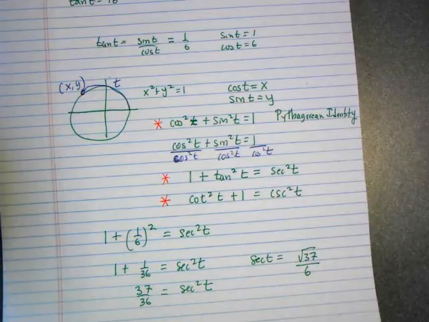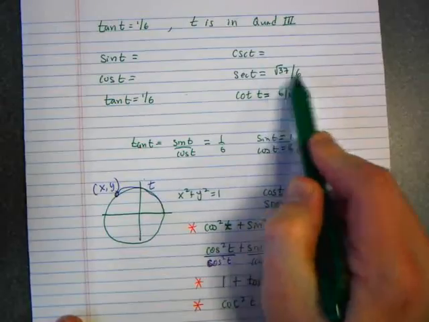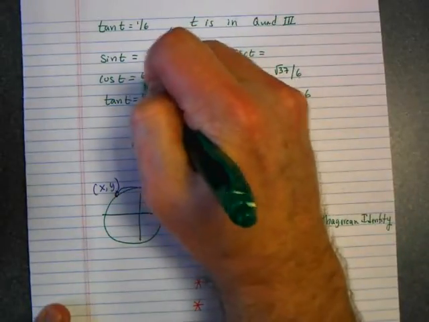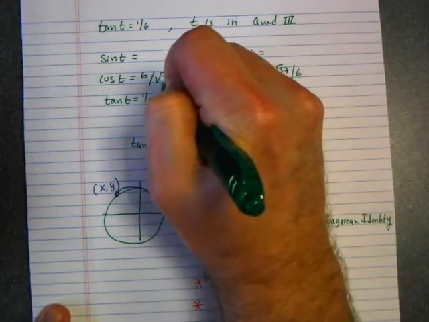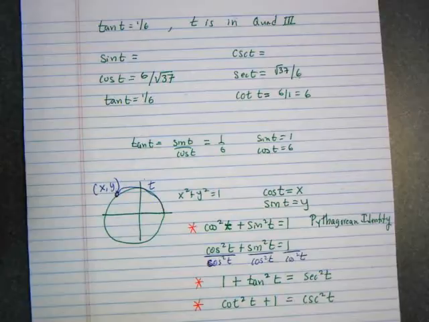Cosine. How do I find cosine? Flip it. So if I know secant is square root of 37 over 6, cosine is 6 over square root of 37. All right, finally, how do I now find sine and cosecant?